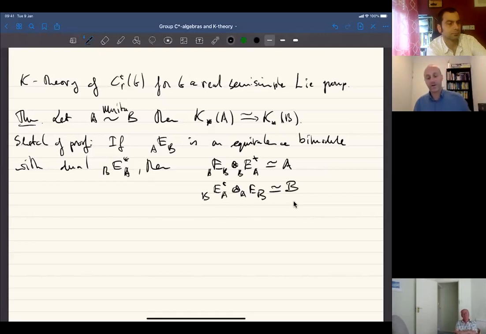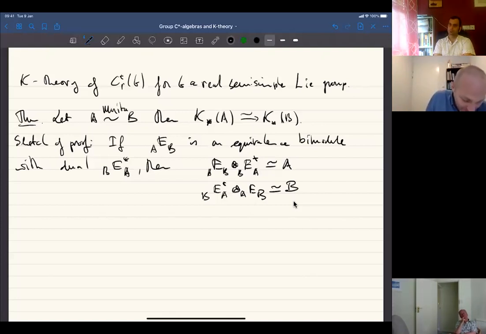If you look at this with all the B's and A's, you can think of a Morita equivalence bimodule as somehow a square root of your algebra as a module, such that if you multiply them using the tensor product in one way, you get A, and if you multiply them using the tensor product in another way, you get B.